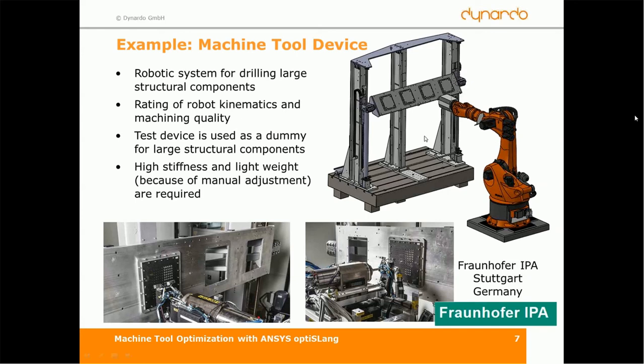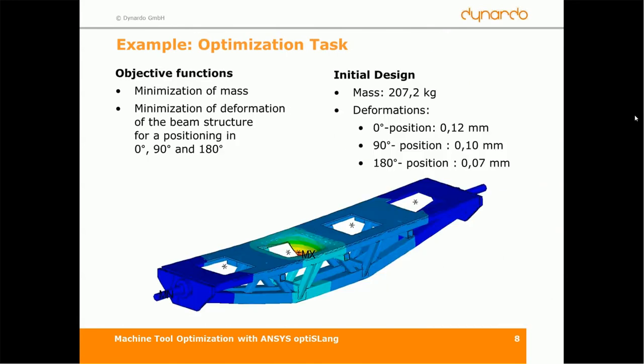The customer was interested in having a high stiffness of this part, meaning low deflections, and of course light weight, because then he could use much weaker engines to accelerate this device. So let us summarize the initial optimization task.